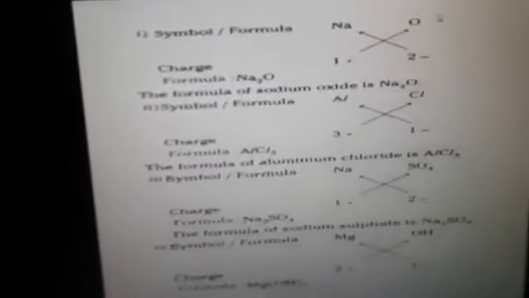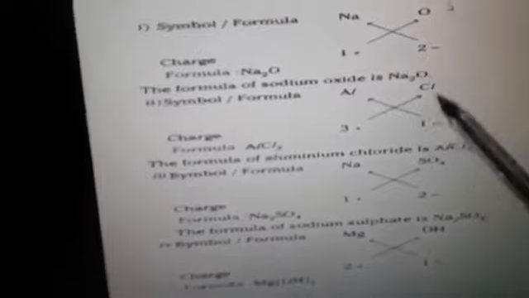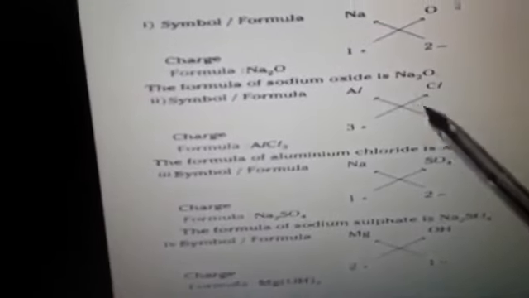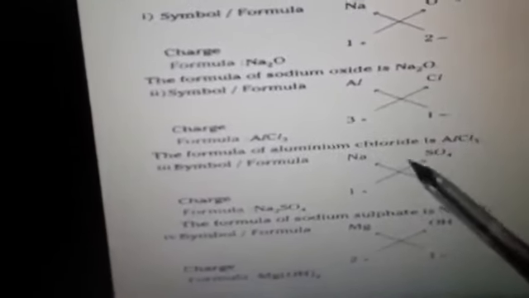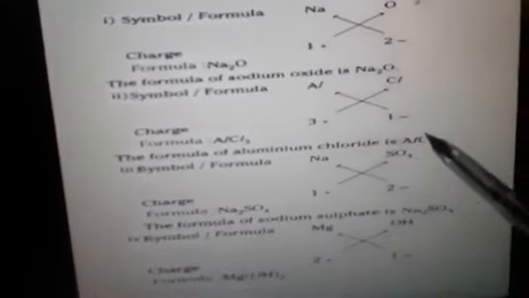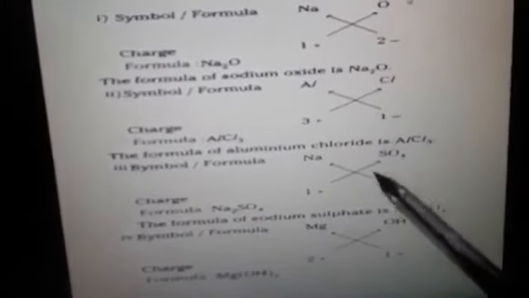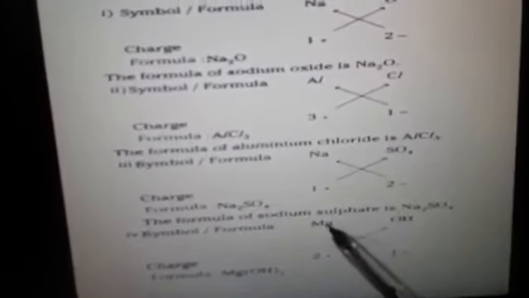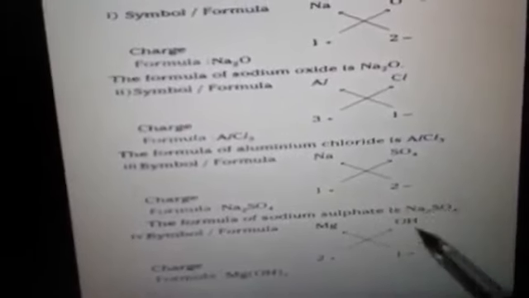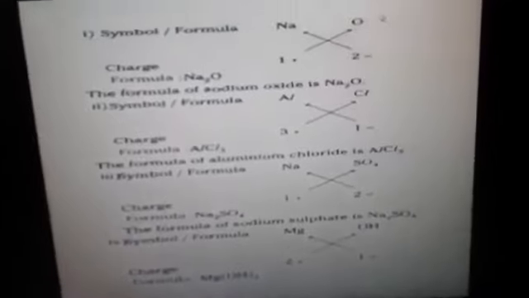Copper nitrate: now they put a bracket on the nitrate because it has a valence of 1, and the 2 will come on the nitrate. Aluminium chloride: because aluminium has a valence of 3 and chloride a valence of 1, it becomes AlCl3. You can try more with other symbols like sodium oxide. Sodium has a valence of 1 and oxide a valence of 2.